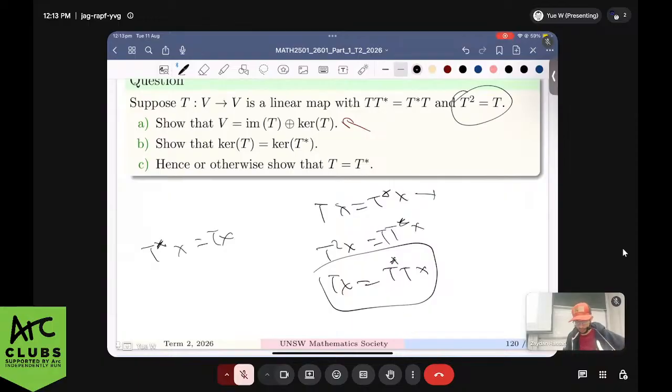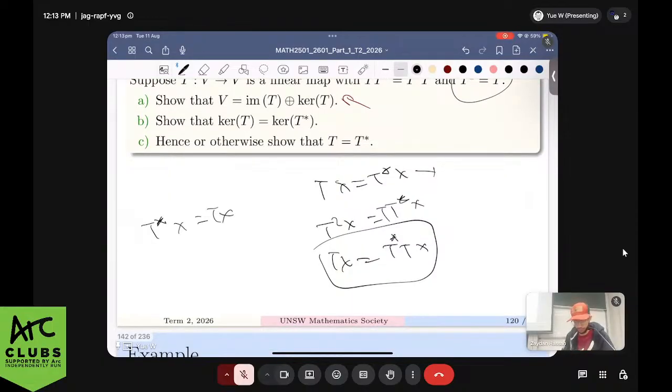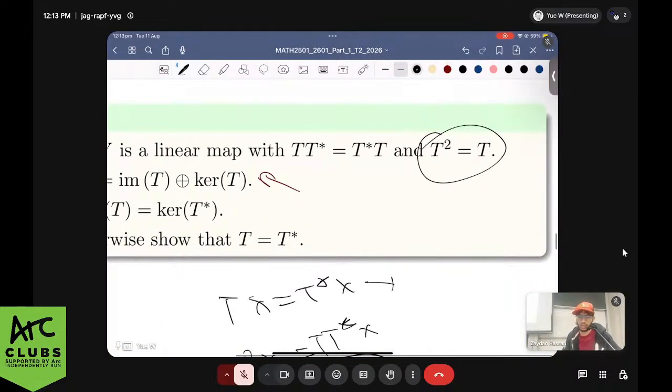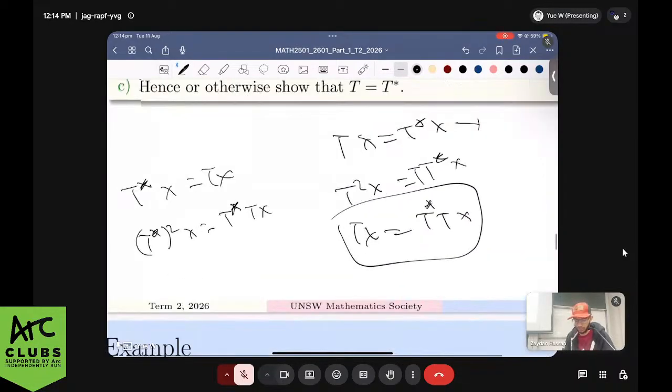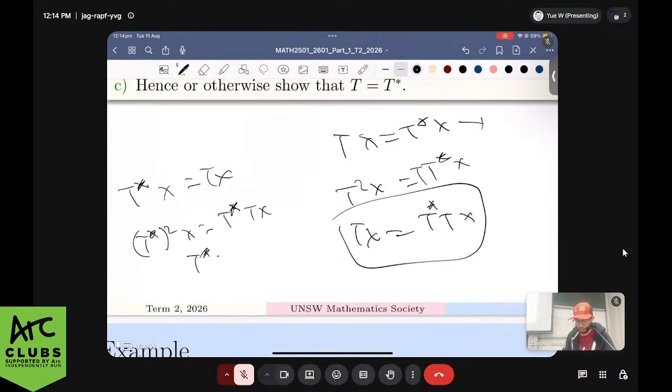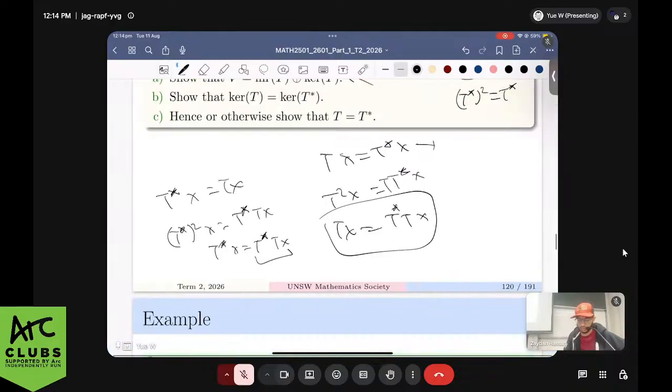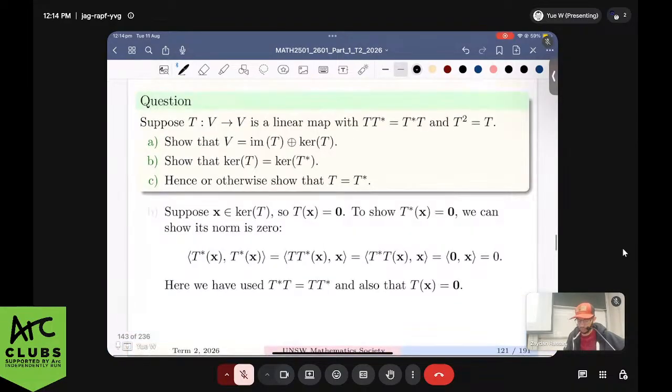We can multiply by T star, so T star squared x equals T star Tx. Notice how technically you can take the star of both sides, so T star squared is also just T star. So T star x is this thing, and it's also equal to this thing. So T star x equals Tx. It's kind of a bit trippy.